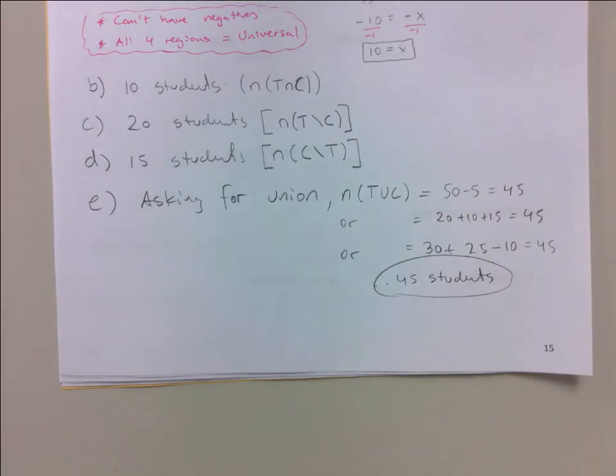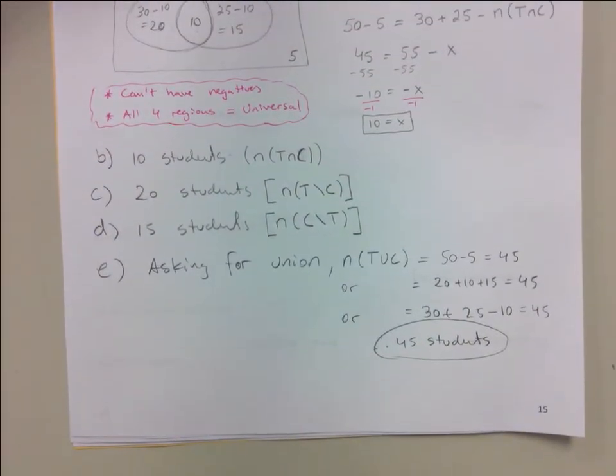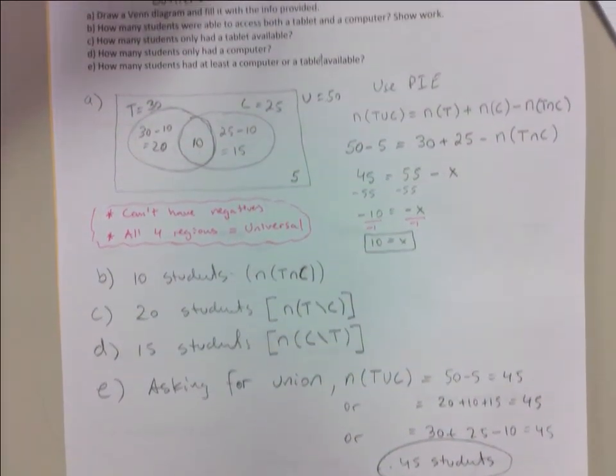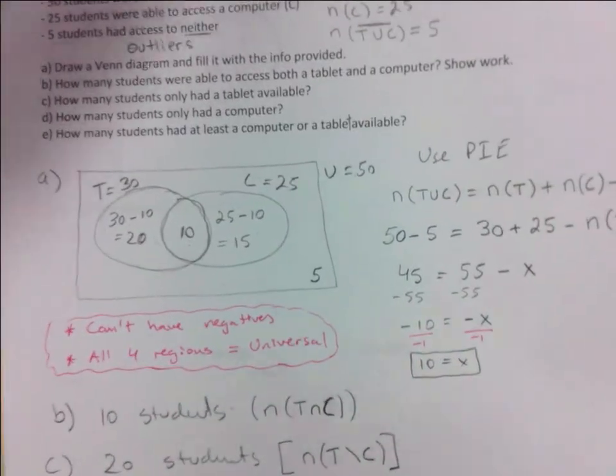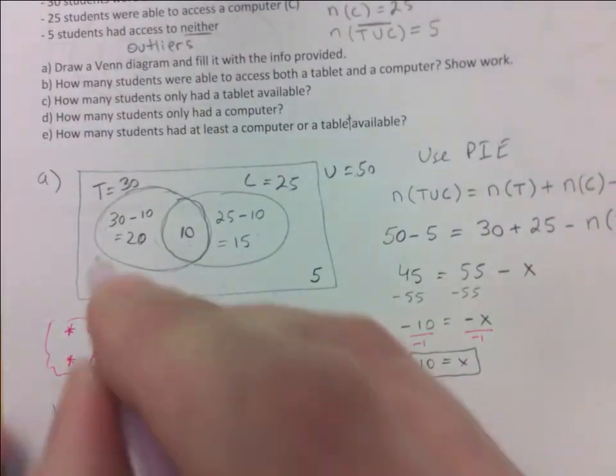I'm going to help you out here, because when you go through your notes, I think it's easier if you go to the Venn diagram. I'm going to say this.